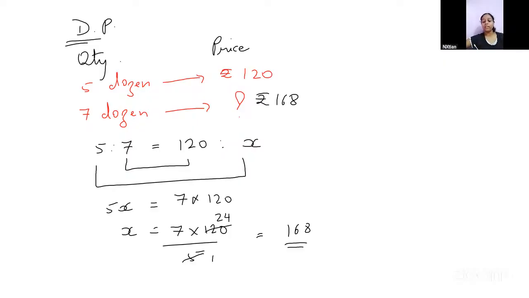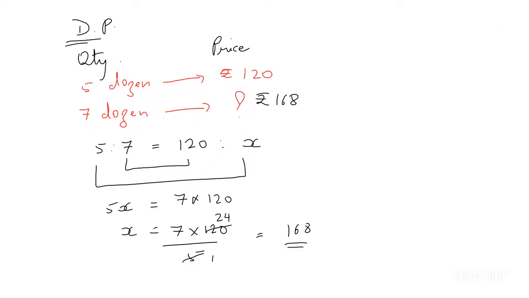You can also do it using the unitary method. First, you calculate the price of 1 dozen, and then multiply it with 7 dozen. How?